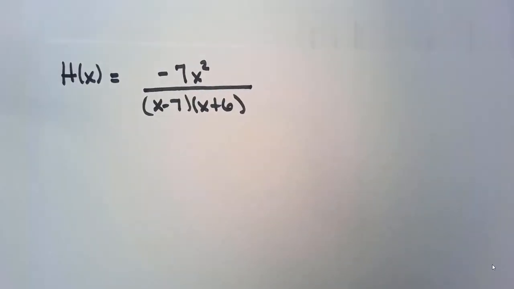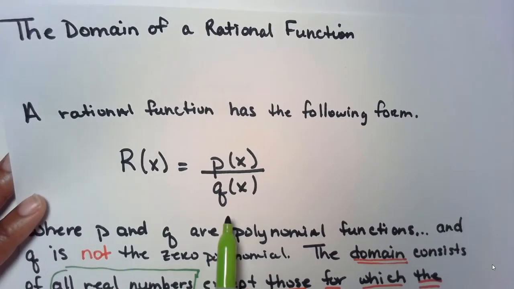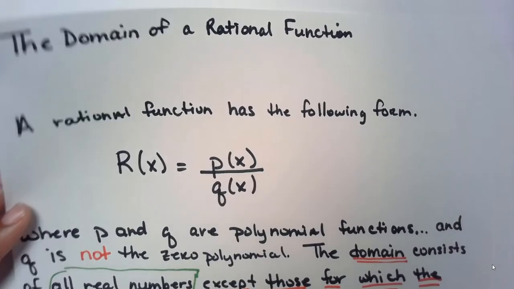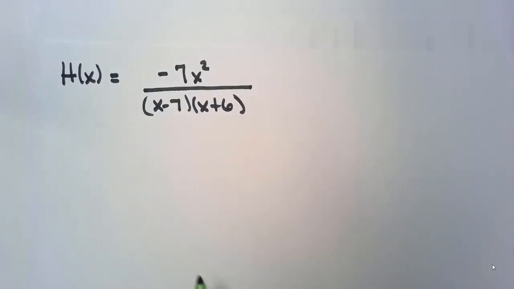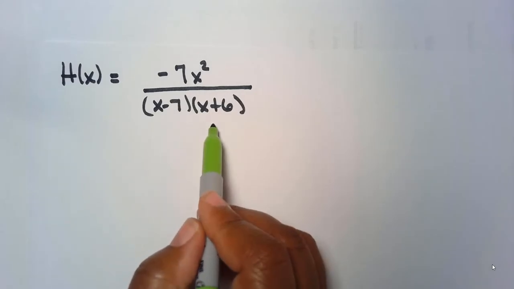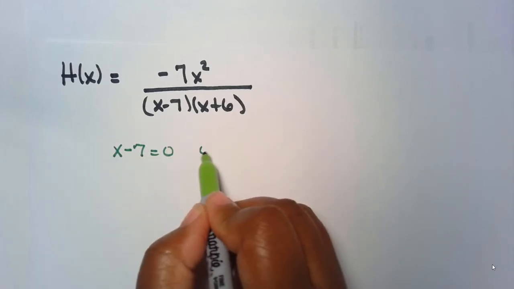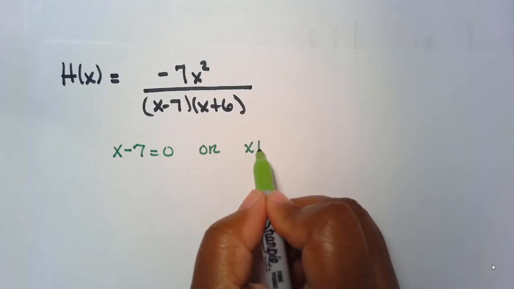So here we have h of x is equal to negative 7x squared all over x minus 7 times x plus 6. When we want to find out what numbers cannot be placed in this denominator, because if it is in that denominator, it's going to make it undefined, what we're going to do is set the factors in our denominator, the x minus 7 and x plus 6, each equal to 0 using the zero factor property.